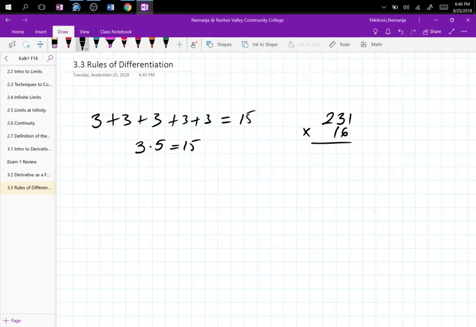You don't have to know how to multiply this. All you need to do is add 231 16 times. So you go, okay, 231 plus 231 is 462, plus 231, and so on. You get the idea. As you add these 16 times, you will have the answer, right? So no, you don't need to memorize multiplication tables.